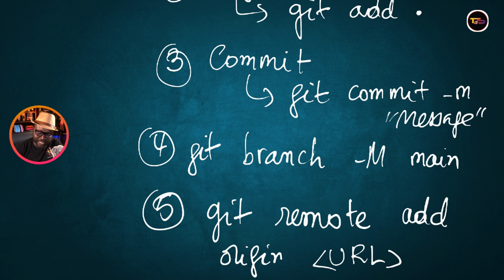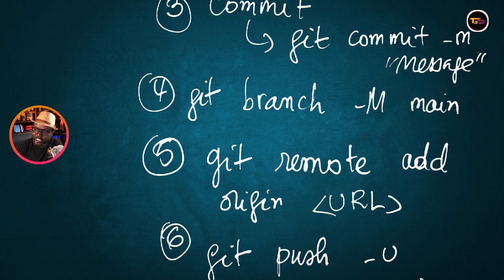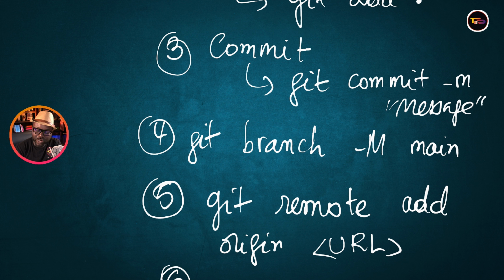And then finally, that's when we push. We're going to push everything that we have to our remote repository, to this specific branch, the main branch. So that's an overview of what we'll be doing.